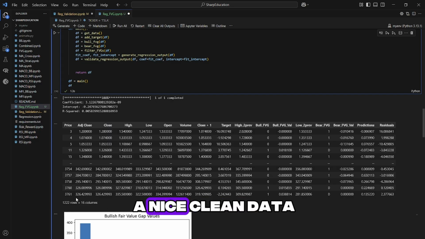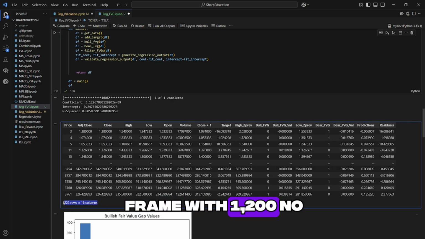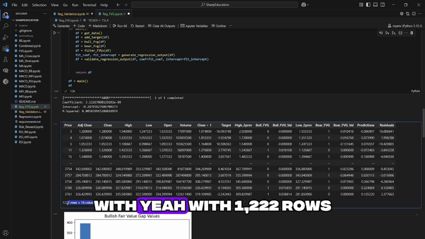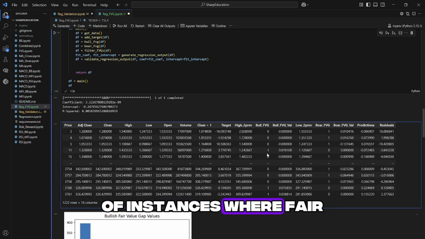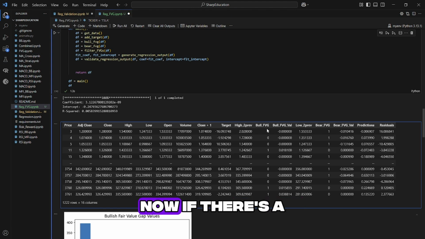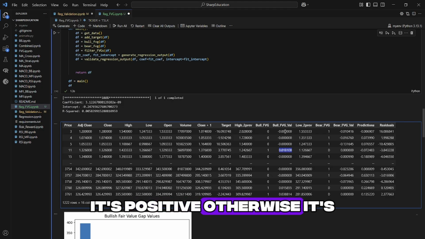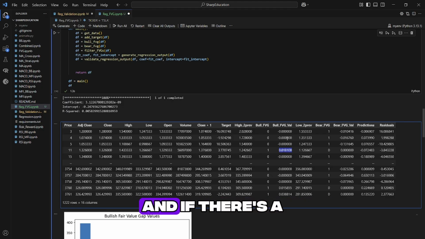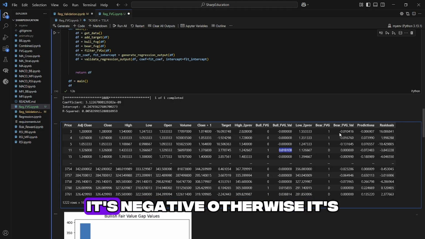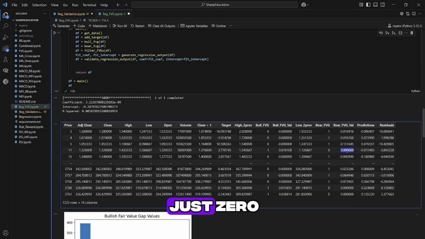Okay, now we have a nice clean data frame with 1,222 rows of instances where fair value gaps existed. Now, if there's a bull value, fair value gap, it's positive. Otherwise, it's just 0. And if there's a bearish fair value gap, it's negative. Otherwise, it's just 0.